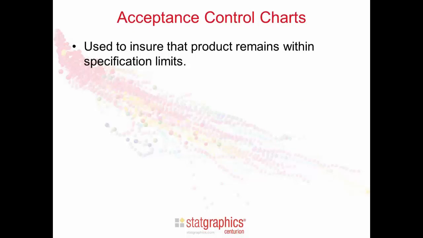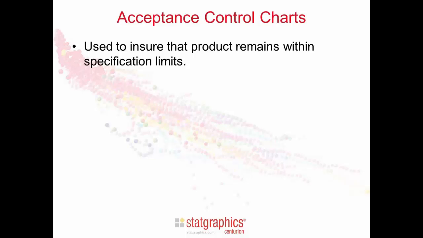A second chart I want to talk about is something called an acceptance control chart. An acceptance control chart is a control chart that's used to ensure that product remains within specification limits. Now, when we teach the ideas of control charts, we typically emphasize that control charts have nothing to do with specification limits, and usually they don't.